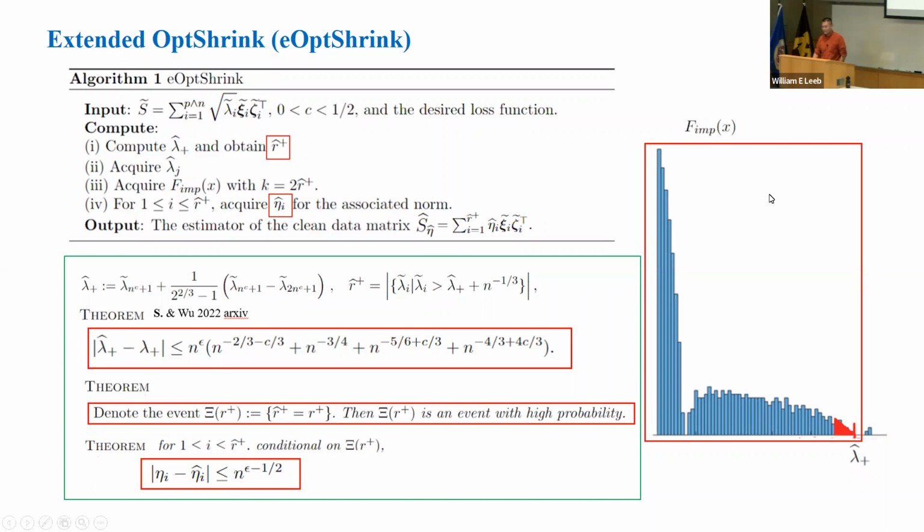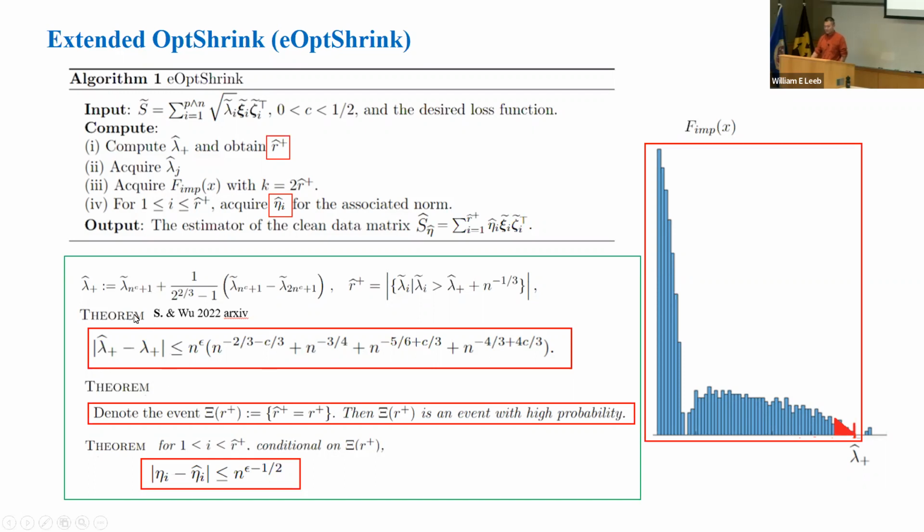So you can see in this algorithm we don't need any other information. We just need the noisy data and some constant in 0 to 1/2 decided by the user. So our algorithm is totally data driven. We don't need any knowledge of the original signal or the structure of the noise.